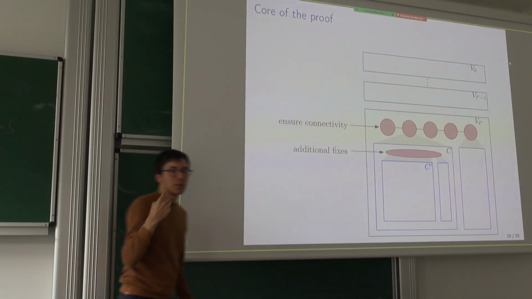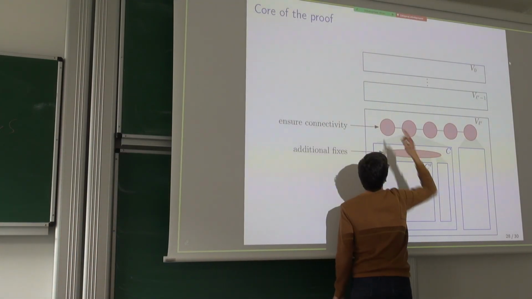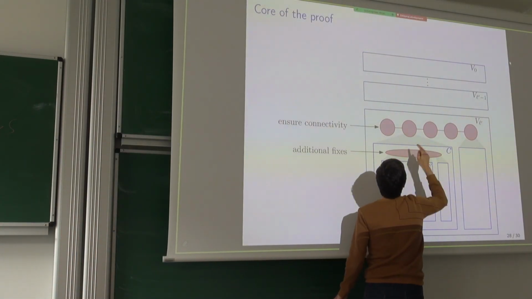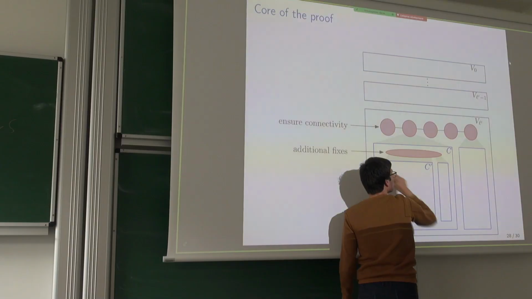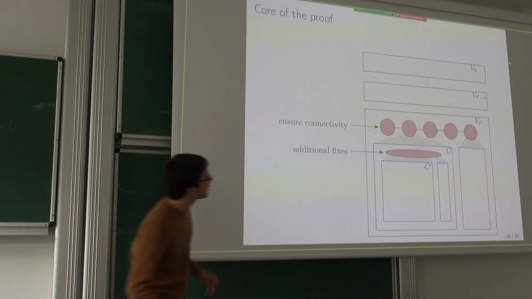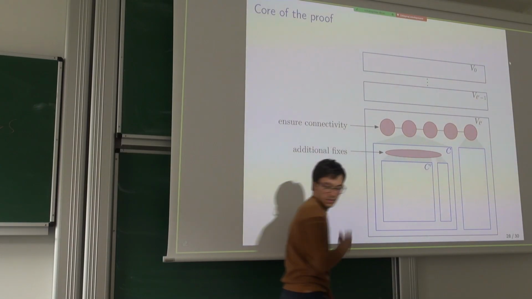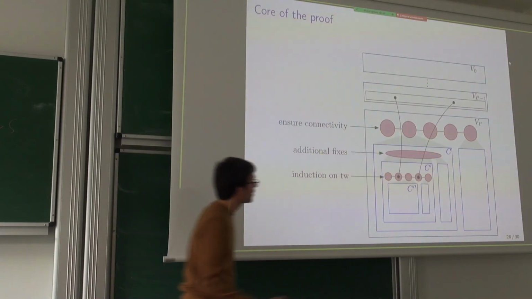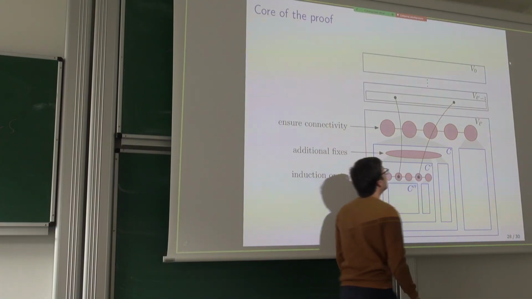And here comes the trick of the induction on treewidth. For every vertex which is here, actually we maintain that there are only a bounded number of them. So for every vertex here, its neighborhood on C prime has smaller treewidth, so I can decompose it, and I do this for every vertex in the neighborhood of C prime on VL prime minus 1. And doing this, I can decompose all the neighborhood of the previous layer.